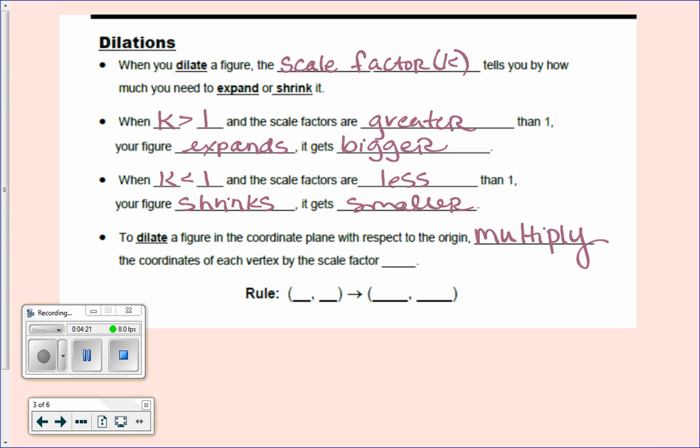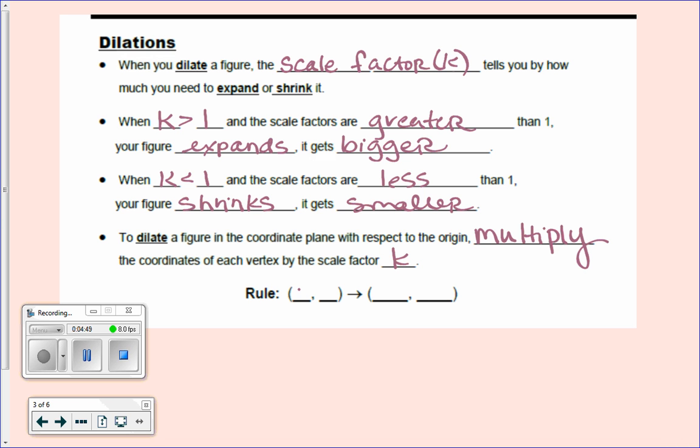So to dilate a figure in the coordinate plane, we're going to multiply the coordinates of each vertex by the scale factor. And scale factor is represented by K, so either 1/2 or 2.5, okay? This is very important, okay? This is an algebraic rule for dilations, okay?